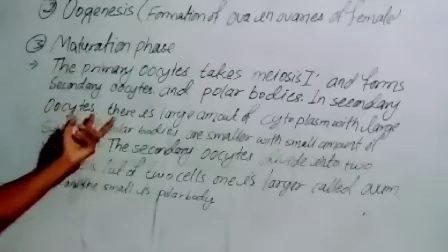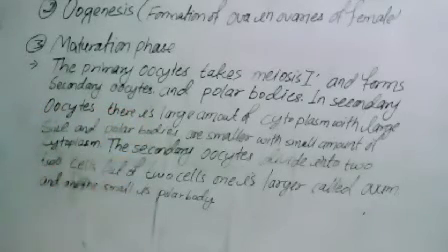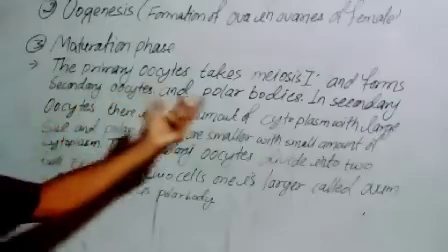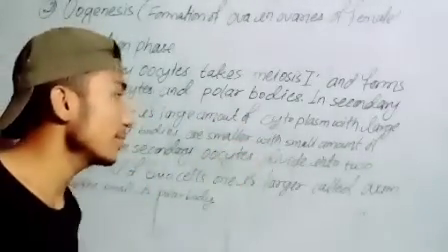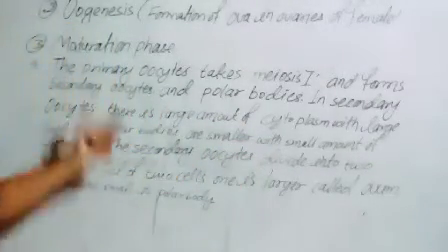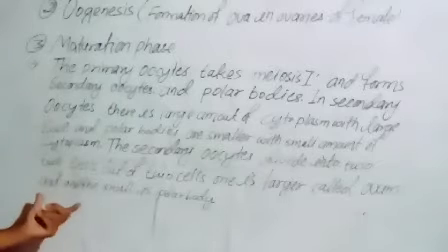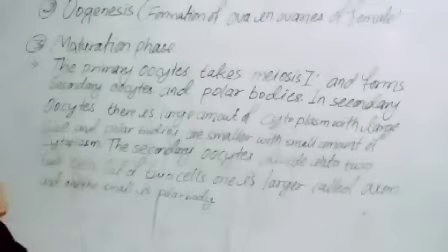In the secondary oocyte the cytoplasm is large in amount, and in the first polar body the cytoplasm is small in amount. The size of the secondary oocyte and of the ovum is also large. I will try to help you understand this description with a flow chart.